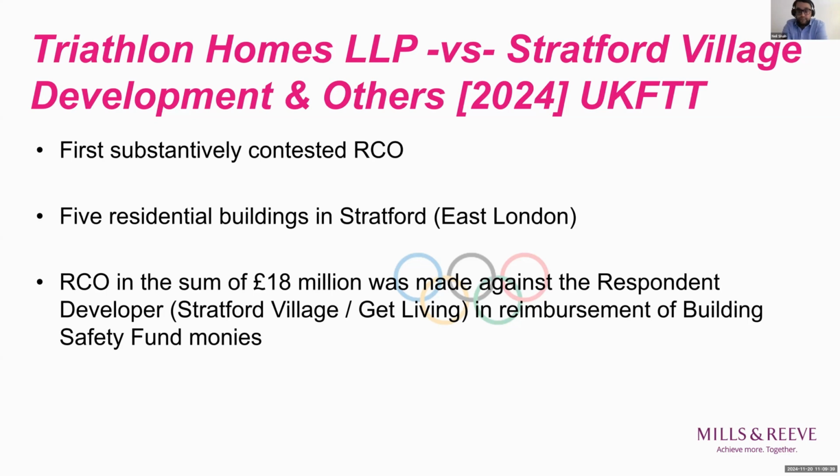And that's quite important because originally, or without something like this, you'd think Get Living may be unable to meet any liability. So interestingly, the RCO, as I said, was made for 18 million, and it was made against Stratford Village as the original developer, just to be clear, and also against Get Living as the parent company of the developer.